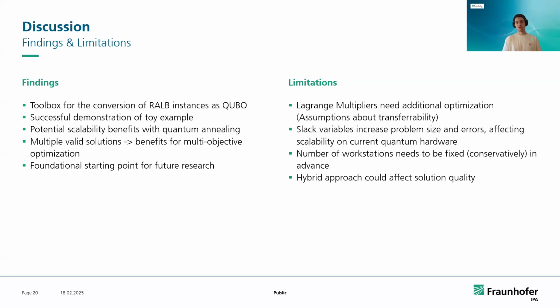It worked for the small toy example, but it already didn't work so well for the larger instances. So this is something one could look at in the future. If the quantum hardware improves, we could definitely get better results with full-scale quantum annealers.